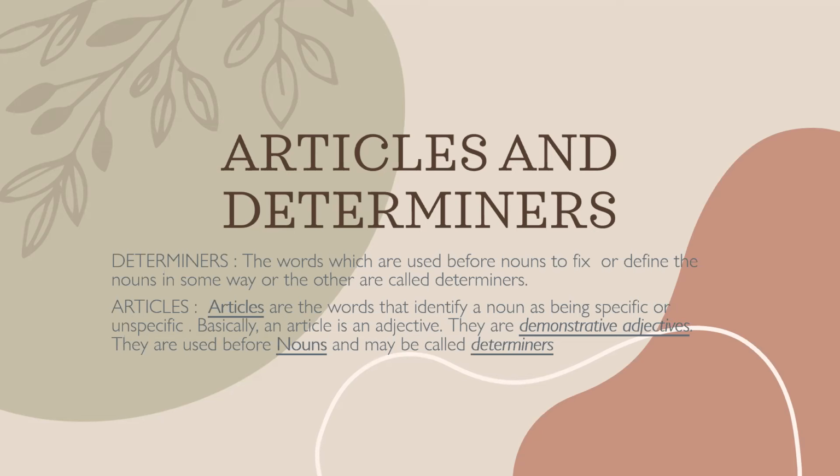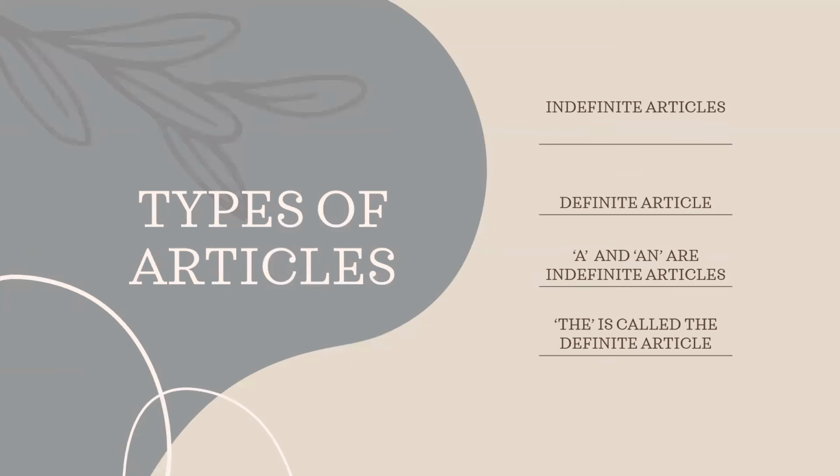In this, articles. Articles are the words that identify a noun as being specific or unspecific. Basically, an article is an adjective. They are demonstrative adjectives. They are used before nouns and are called determiners.